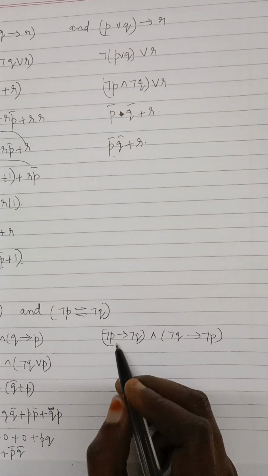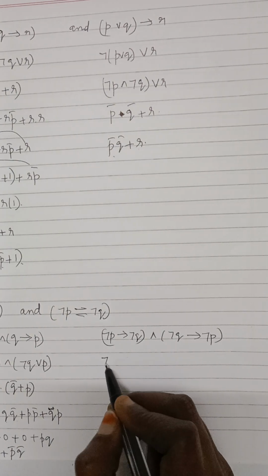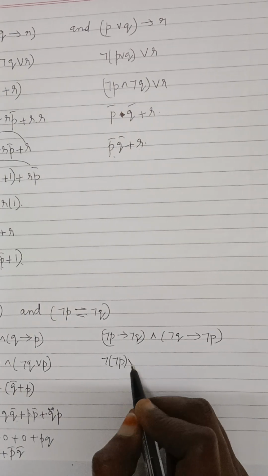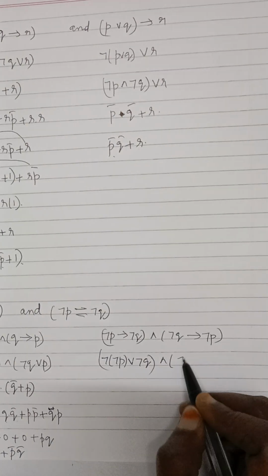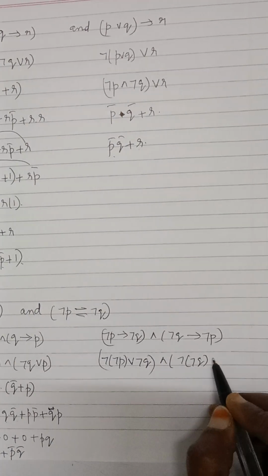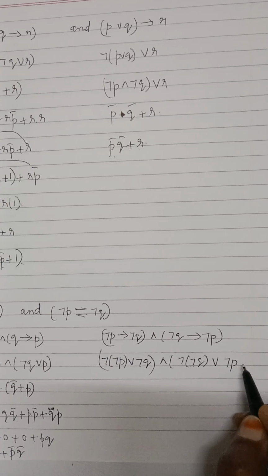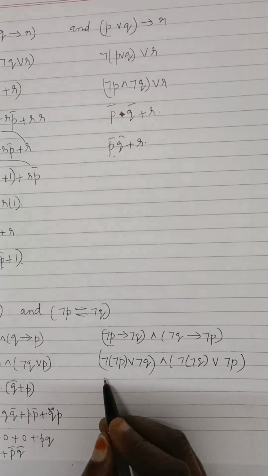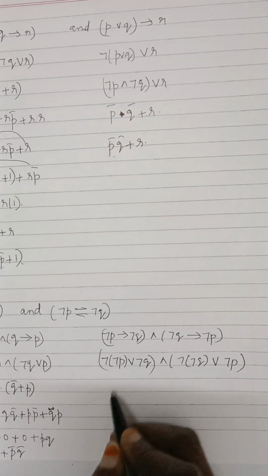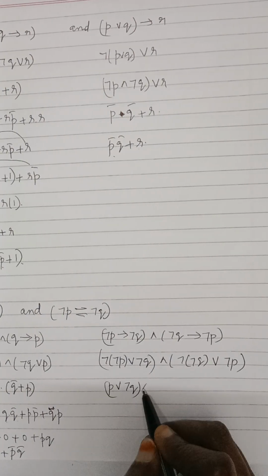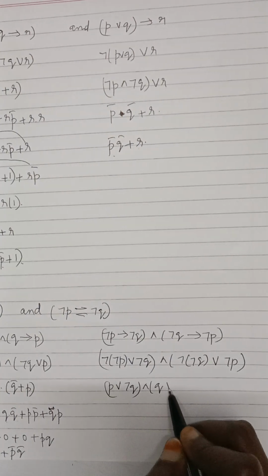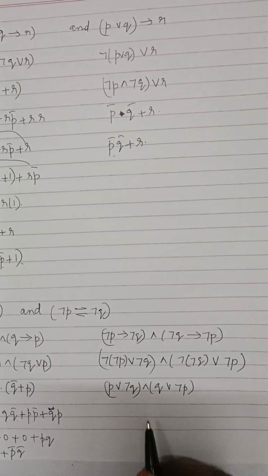Here now apply the formula, not of (not p or not q) and not of (not q or not p). So the value will be: not of not p will be p, or not q, and q or not p.